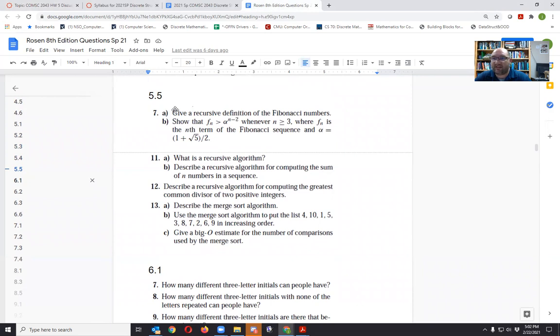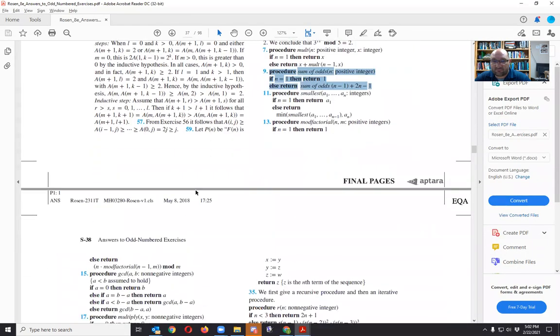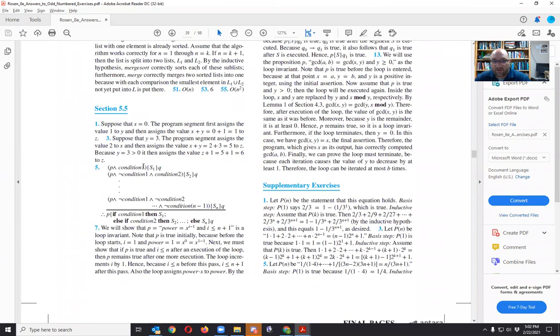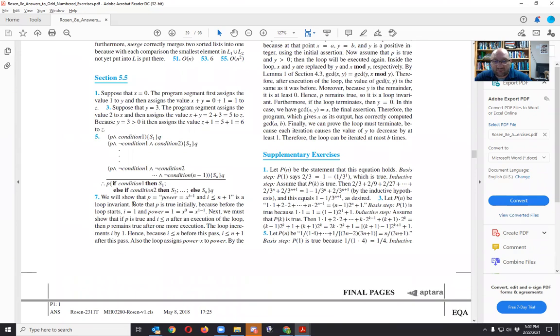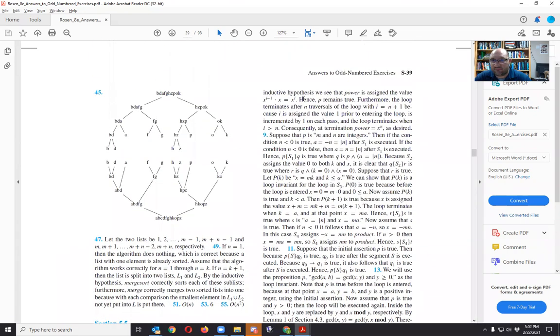Else it's n minus 1 plus n minus 2. So it has an answer, but it's not great.